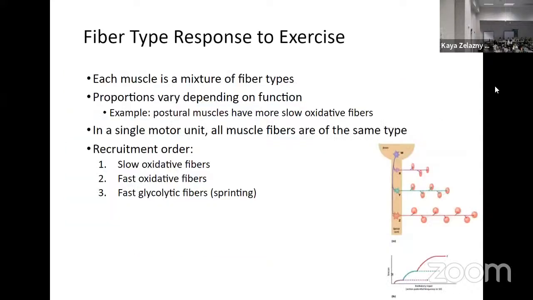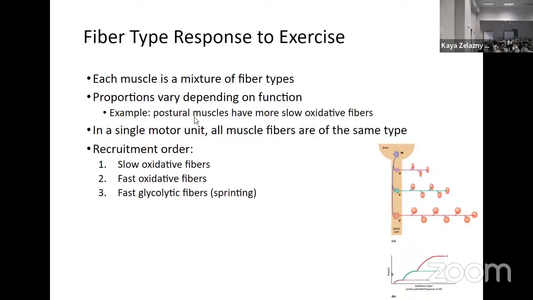Okay. Now, when we exercise, we're going to use some mix of these fiber types. So any named muscle is a mixture of these three fiber types. And the proportion that we see these fiber types is going to depend on the function of your muscles.